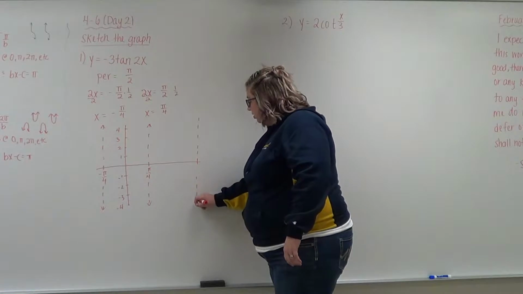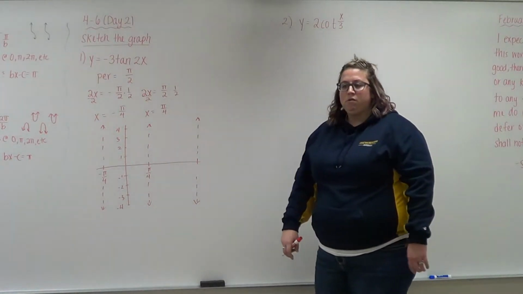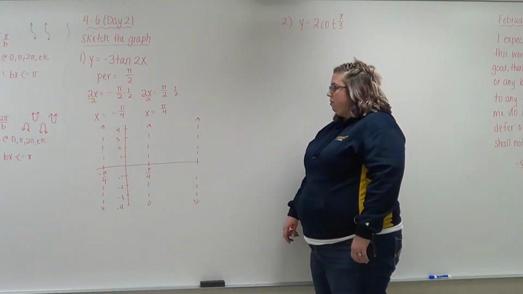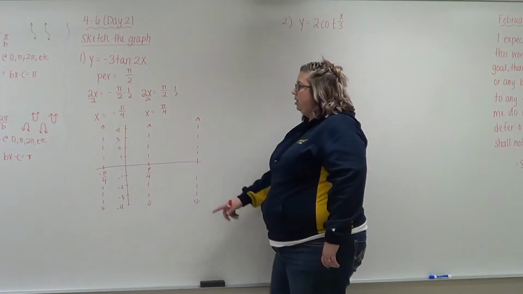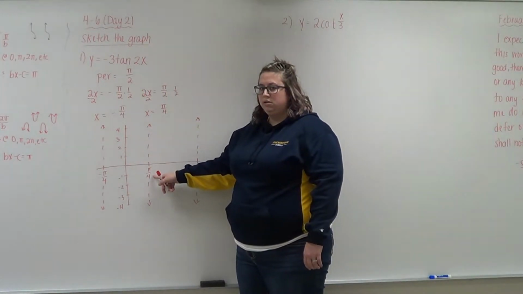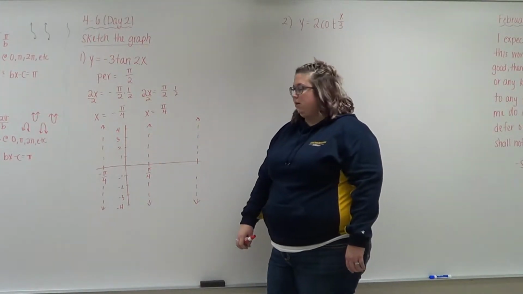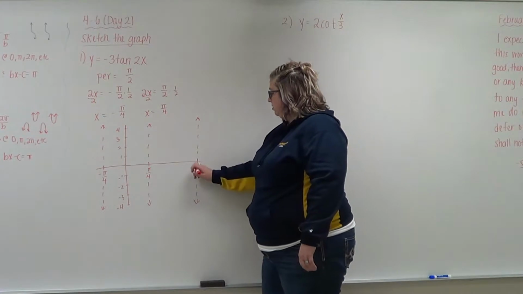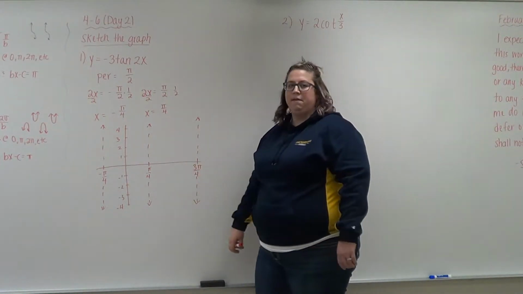And we want 2 periods, so I'm going to have to make my other one. Okay, and if a period is pi over 2, and I ended at pi over 4, my second period is going to end at 3 pi over 4.